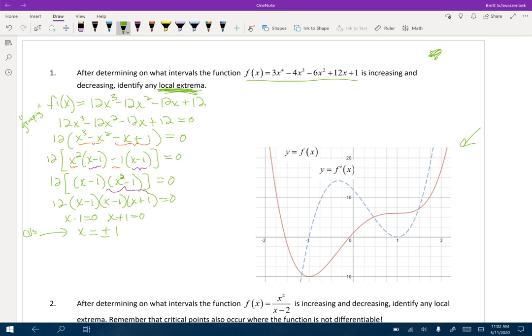Okay, small side note just as an aside here. Remember that critical values or critical points occur not only when the derivative is equal to 0, but also where the derivative does not exist. It's an important designation that you remember. So if you look at this particular problem, we have a polynomial.